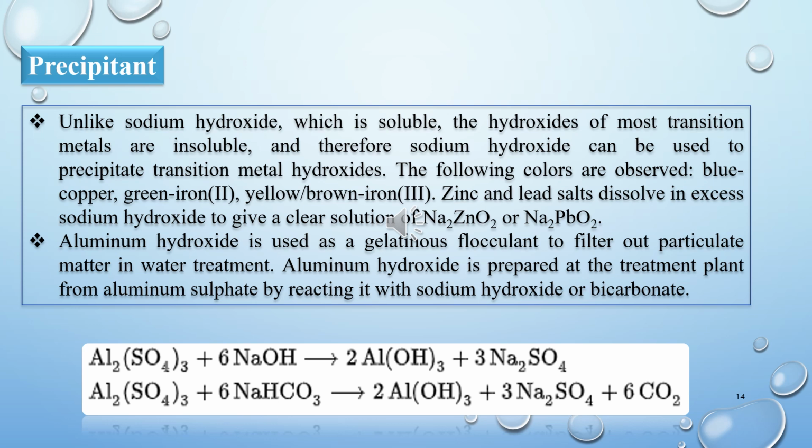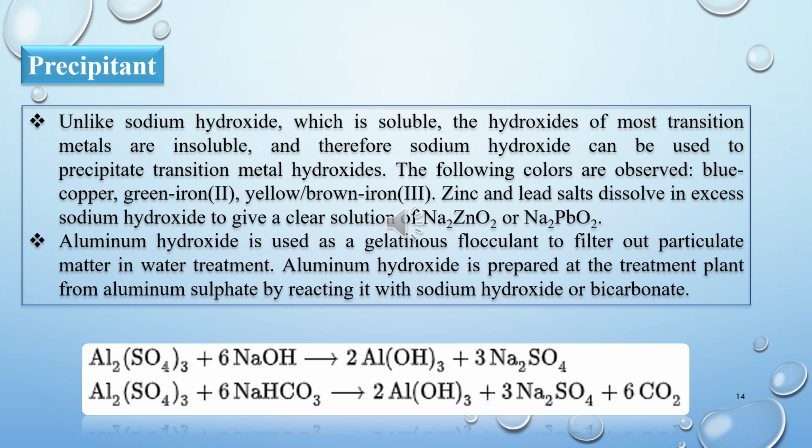Now the last reaction is the reaction of sodium hydroxide with precipitates. Unlike sodium hydroxide, which is soluble, the hydroxides of most transition metals are insoluble, and therefore sodium hydroxide can be used to precipitate transition metal hydroxides.